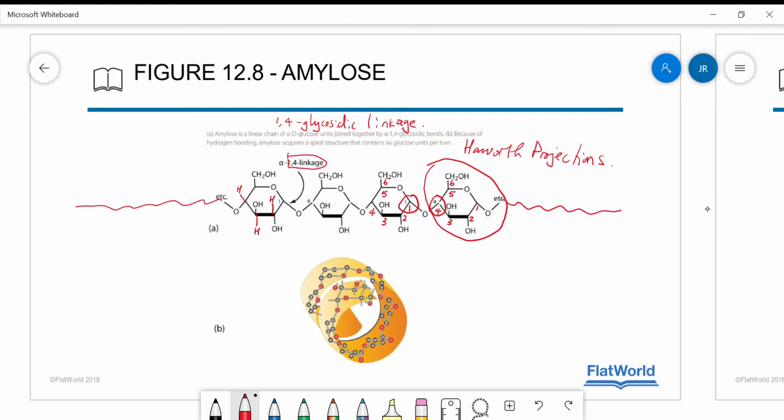Remember our acetal and our hemiacetal. An acetal had a carbon with two ORs on it, and because of that structure it was an acetal.